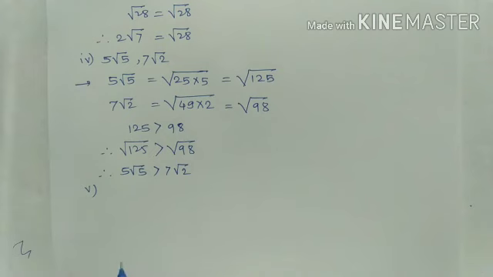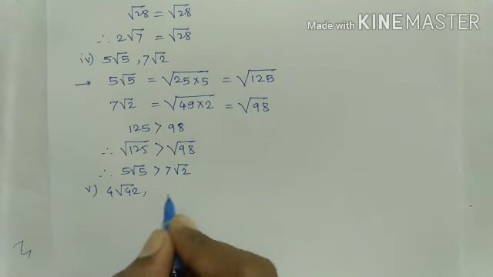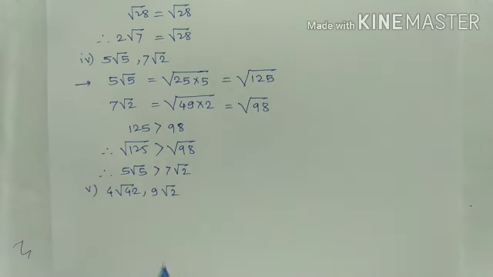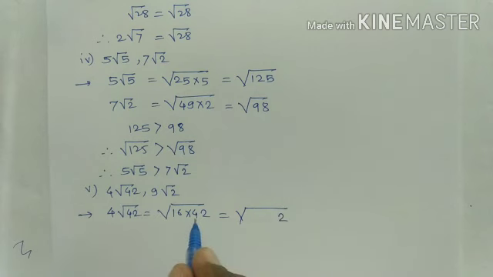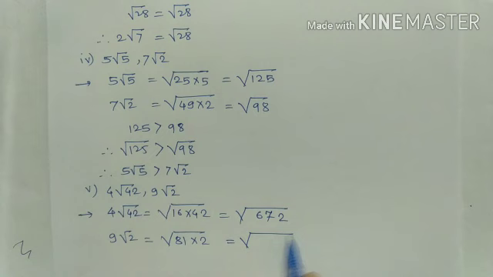Then the next example, example number 5, is 4 root 42 and 9 root 2. So we have to compare these. Before comparing, we have to convert them into pure surds. Let us do that. 4 root 42 equals, now 4 squared is 16 into 42, 16 twos are 32, carry 3, 16 fours are 64 plus 3, 67. Then this 9 root 2 equals 9 squared, 81 into 2, equals 2 ones are 2, 2 eights are 16.